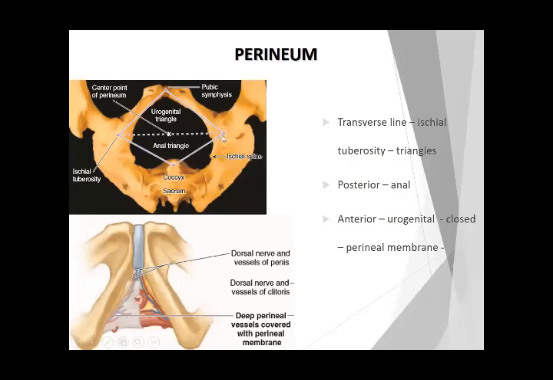The transverse line runs between the posterior part of the two ischial tuberosities. This line divides the diamond-shaped area of the perineum into two triangles, an anterior triangle, which is the urogenital triangle, and a posterior triangle, which is the anal triangle.